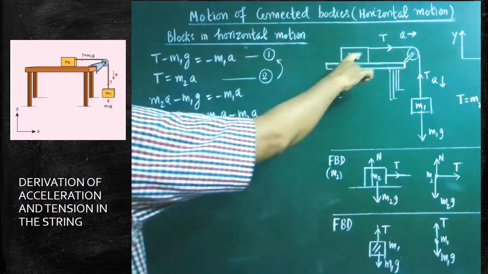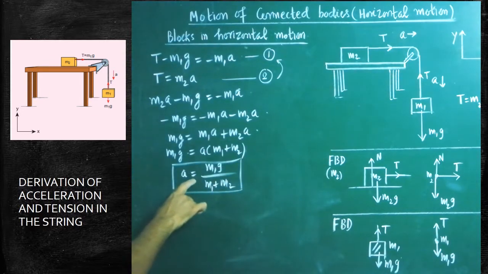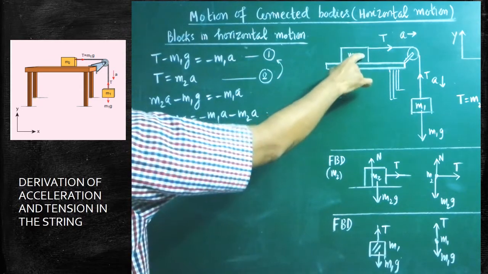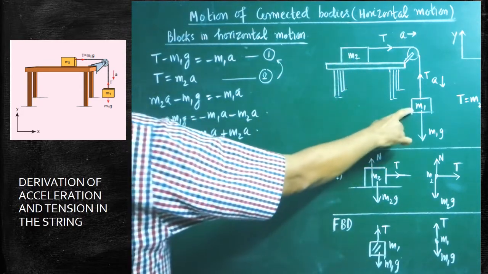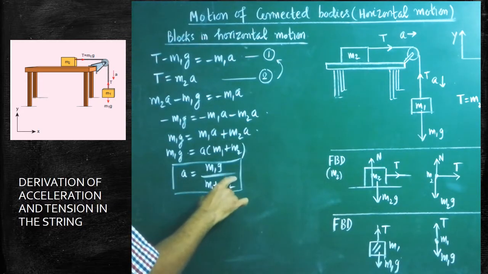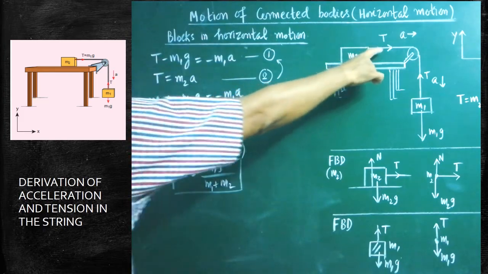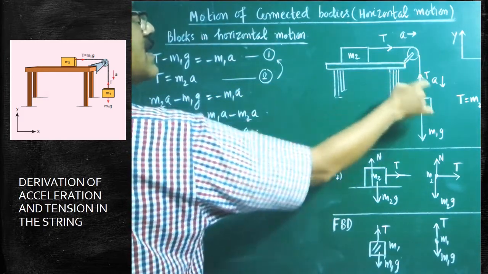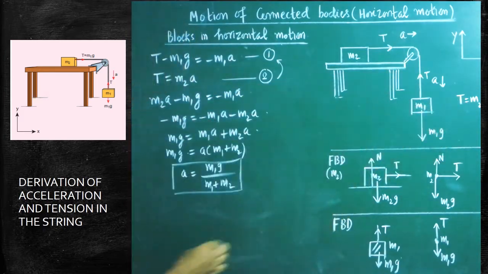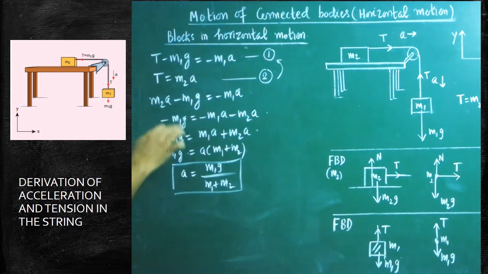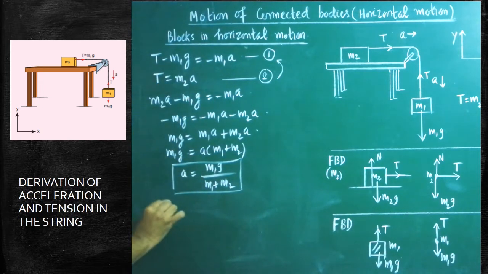Here this body is accelerated; this much acceleration is acting on the m2 body as well as the m1 body. So this is a common acceleration factor. Are you clear? Now we have to calculate the tension also. To calculate the tension we can use the common equation we have already found out. In the same expression a must be substituted.